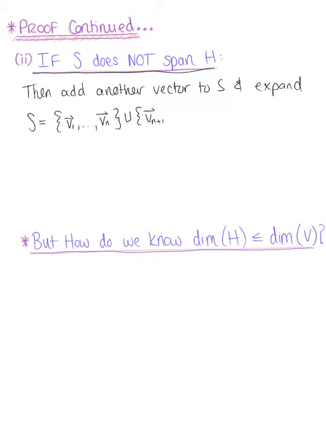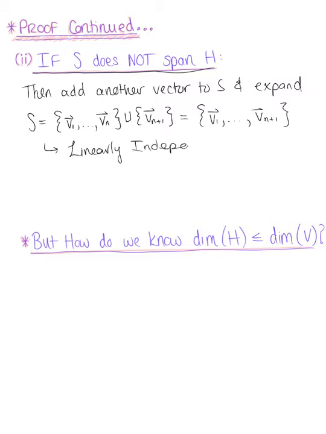So we'll say vector v sub n plus 1. And expanding this out, we now have the new set v sub 1 all the way to vector v sub n plus 1. And this is linearly independent.